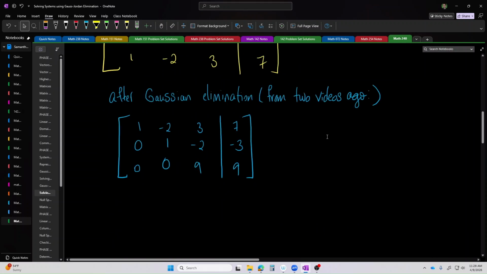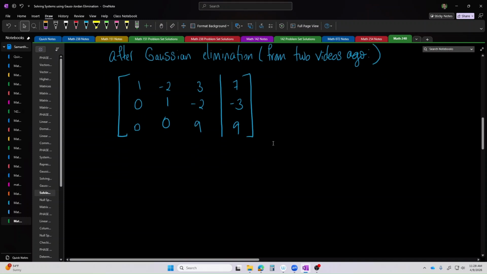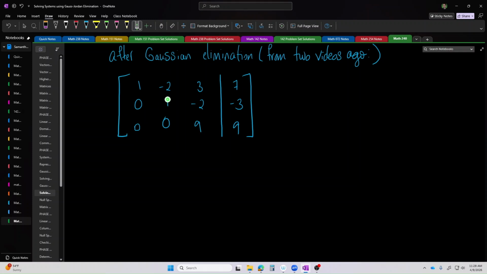So at this point, all that I need to do to perform the Gauss-Jordan elimination and get this into reduced row echelon form is I need to turn all of the pivots into ones, and I need to eliminate all of these values above the ones in their respective columns. So all of the pivots are equal to 1 already, except for this one here in the bottom right.